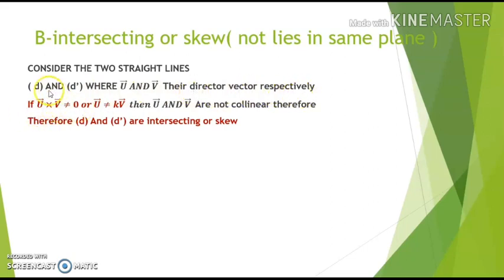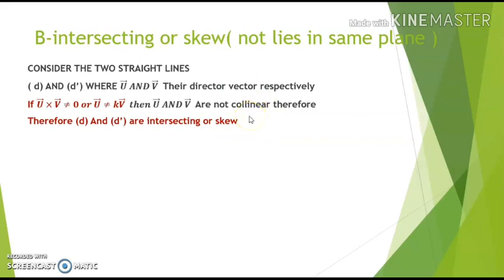If the cross product of these two vectors is not equal to 0, it means there is no real number k such that U equals k times V, so the two vectors are not collinear. Therefore, the two straight lines D and D prime are intersecting or skew. By skew, I mean that these two straight lines do not belong to the same plane.